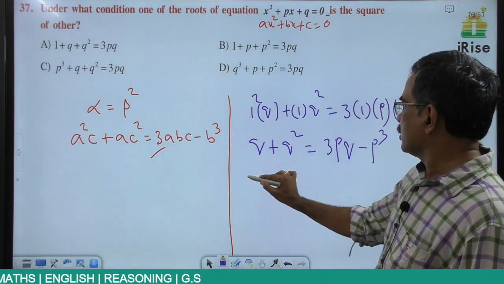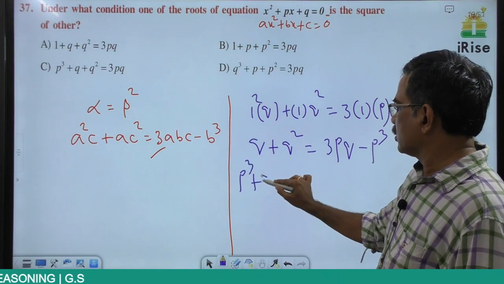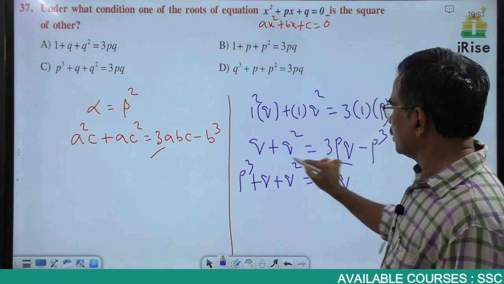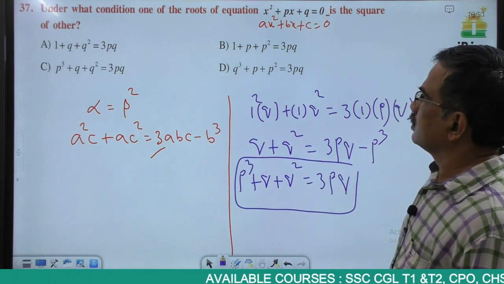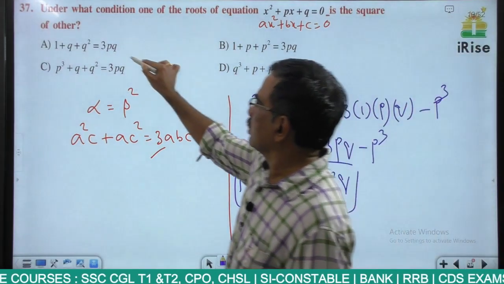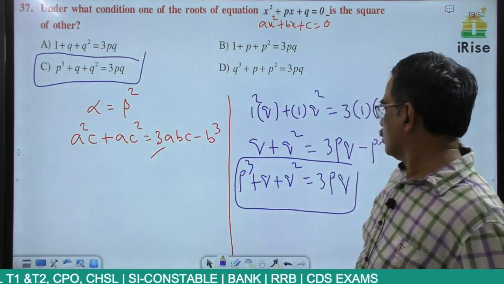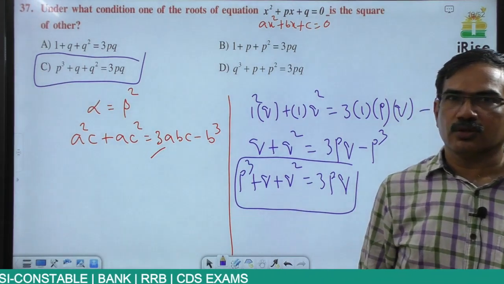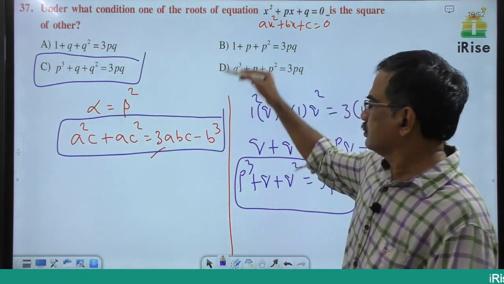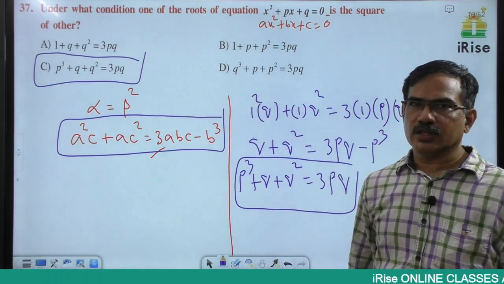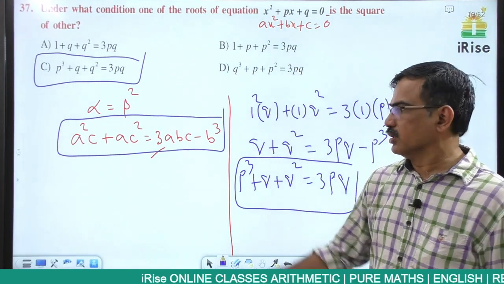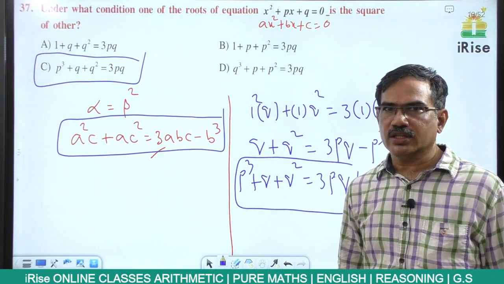So transfer to this: pq plus q square is equal to 3pq. This is the condition. If one root is the square of the other, this is the condition, like 2 square, 3 square, 4 square are roots. Okay, next question.